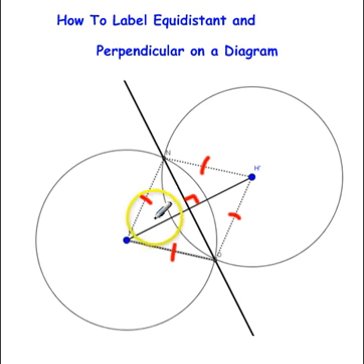Okay? And then also if I want to show that we still have equidistant, now I want to show that this segment is congruent to this segment. Because they're different in length from these other 4, we're going to add another little congruent mark to denote the difference. Okay, so that's how we label congruent and perpendicular on diagrams.